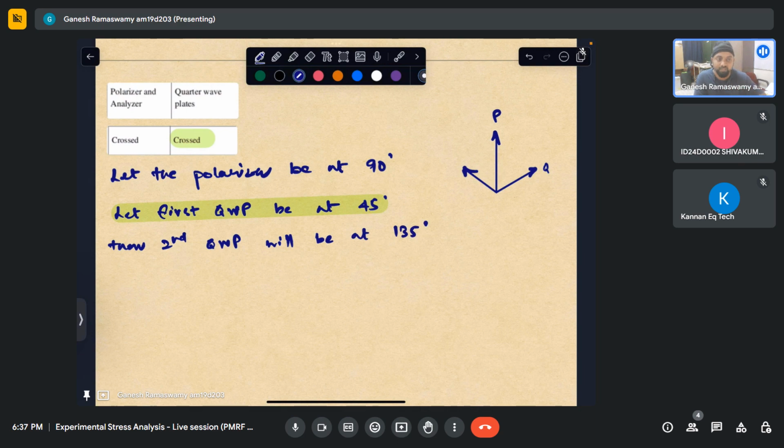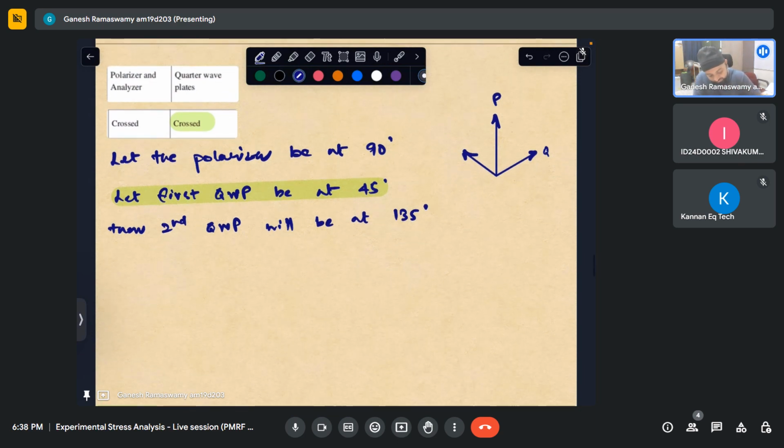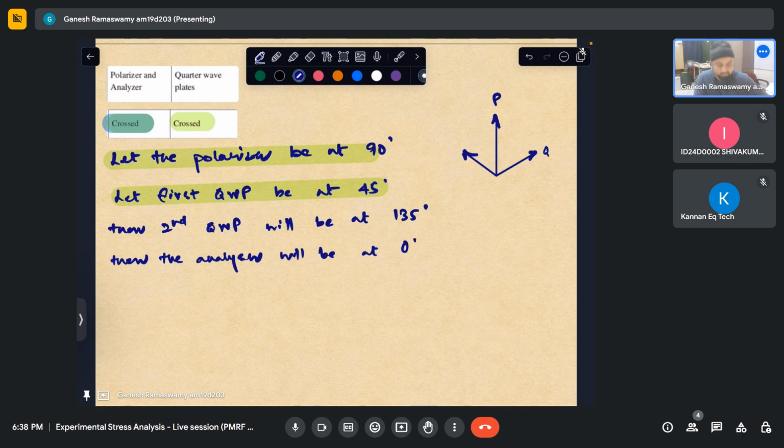Crossed meaning plus 90. And by virtue of this, the analyzer will be at 0 degrees.